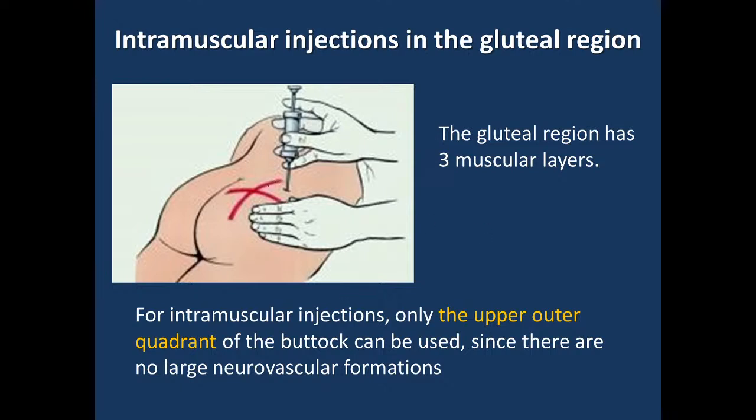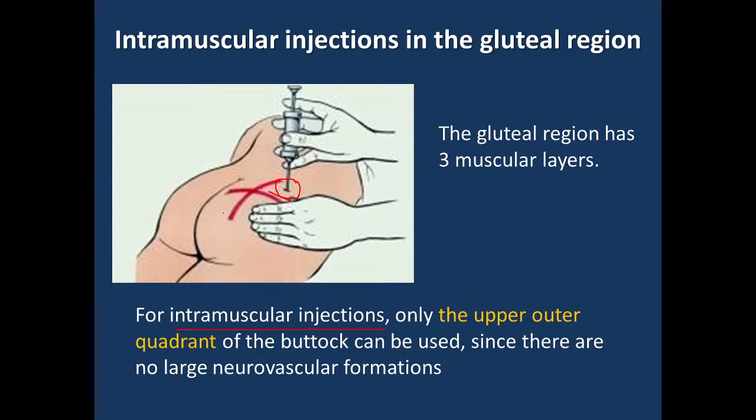And this is the posterior surface of the pelvis, and usually only this part of the pelvic muscles we use for intramuscular injection, because there are no vessels and nerves in this lateral superior quadrant in the gluteal region.